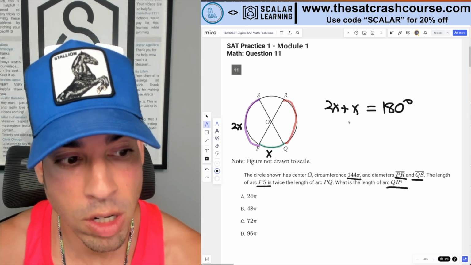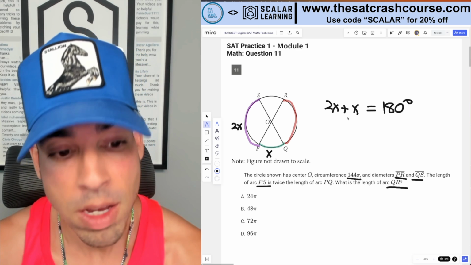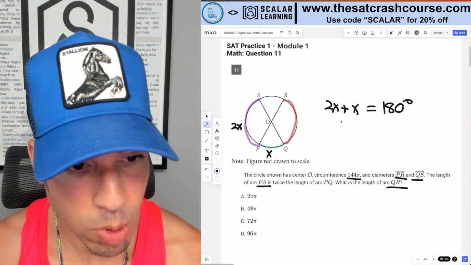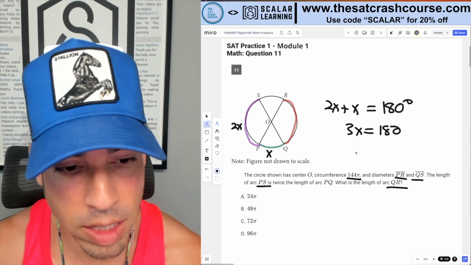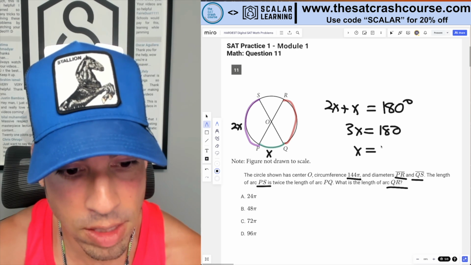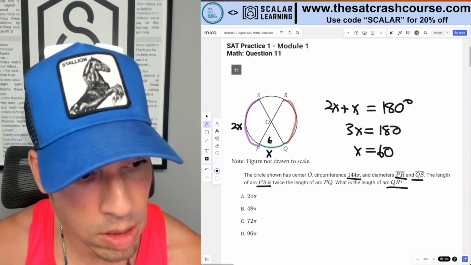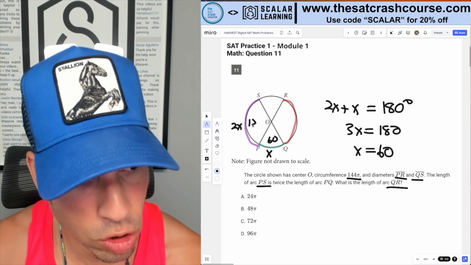So we can start to get the arc measure. That's not different from arc length. The arc measure for both of these arcs: 2x plus x is 3x equals 180, which means if we divide by 3, x is equal to 60. So this is 60. This is 2 times 60, which is 120.